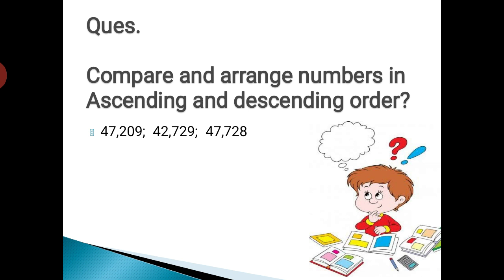Just think. As a hint, I'll again tell you that ascending order means arranging numbers from smallest to biggest. And descending order means arranging numbers from bigger to smaller, from biggest to smallest.